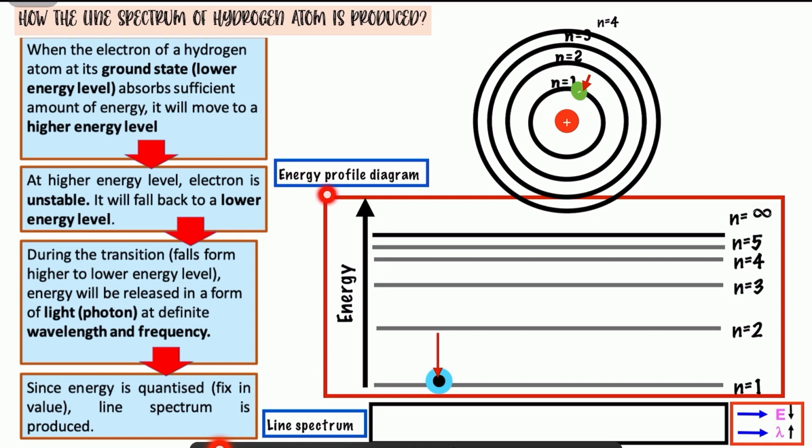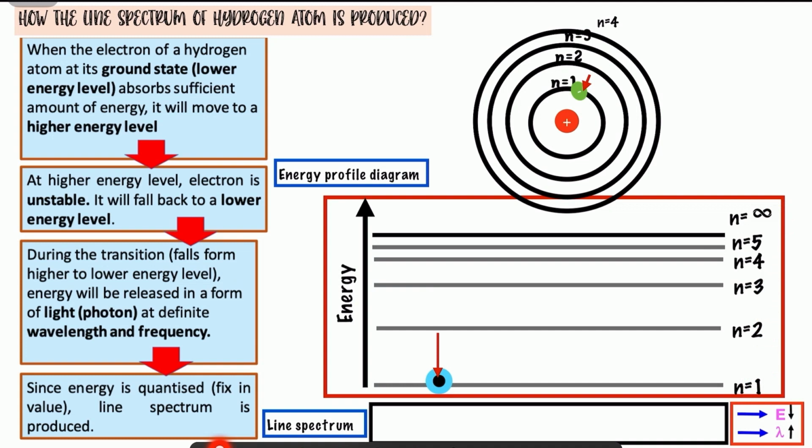And this is the energy profile diagram. The y-axis is for the energy, and here I give you a line. This is an energy level or stationary state. Here I give you n equal to 1, 2, 3, until the last one, which is infinity.